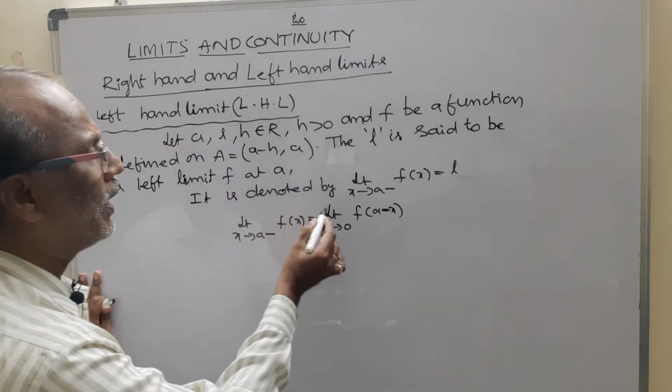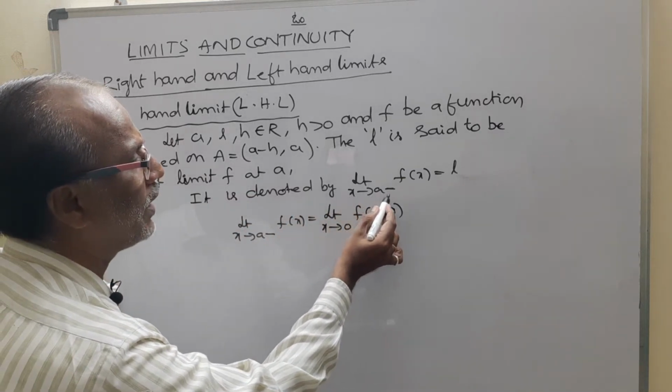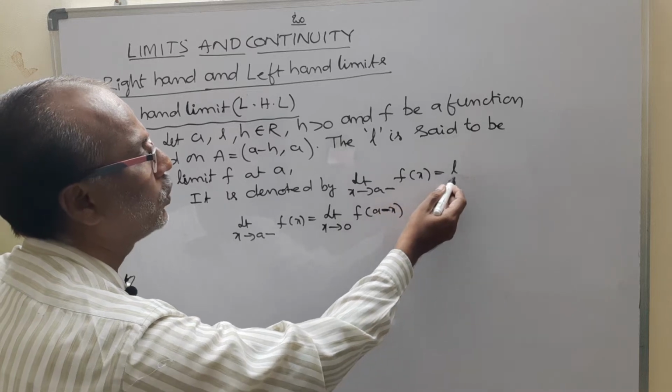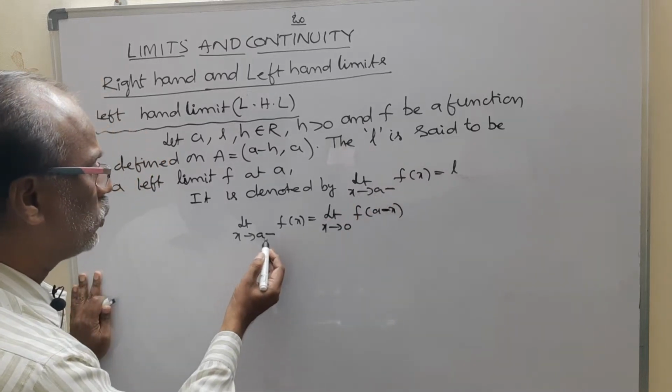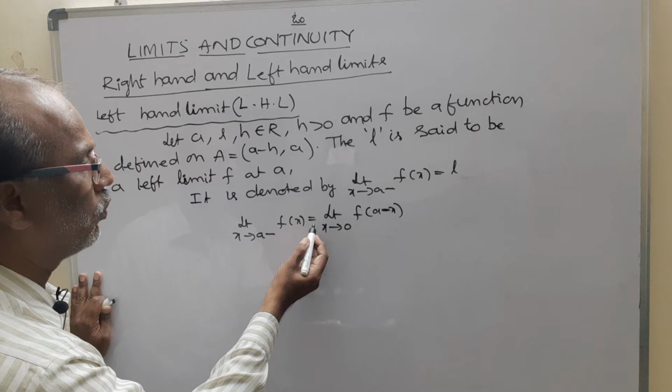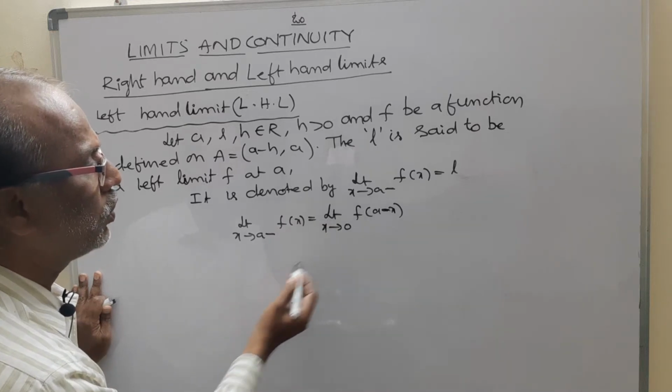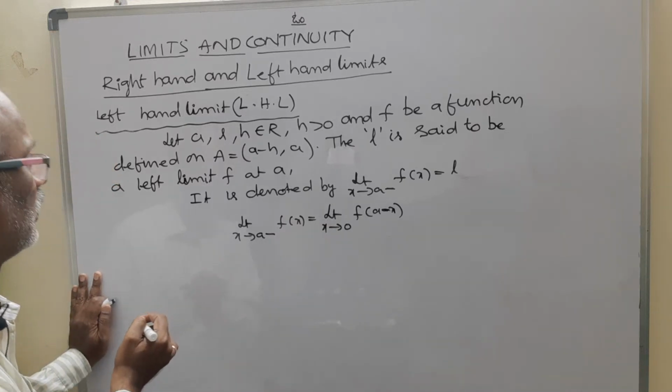It is denoted by limit as x tends to a minus of f of x equal to L. Limit as x tends to a minus of f of x equals limit as x tends to 0 of f of a minus x.